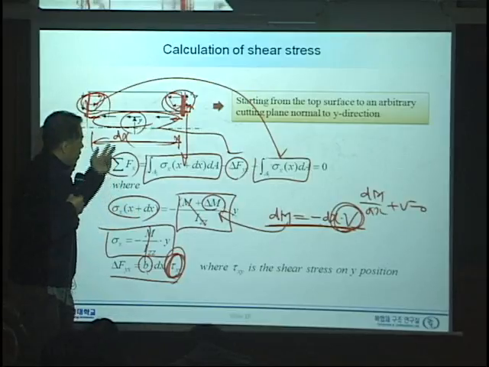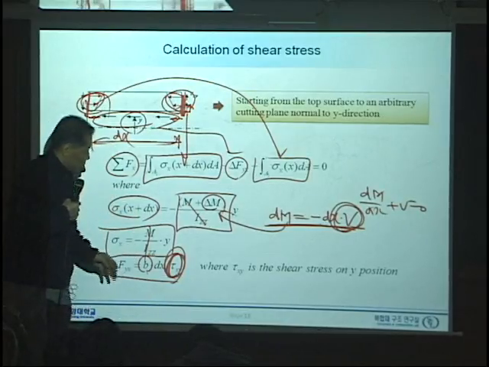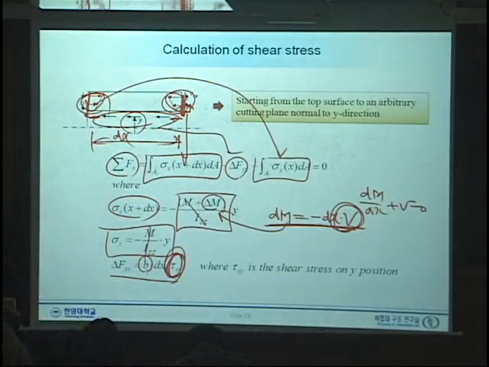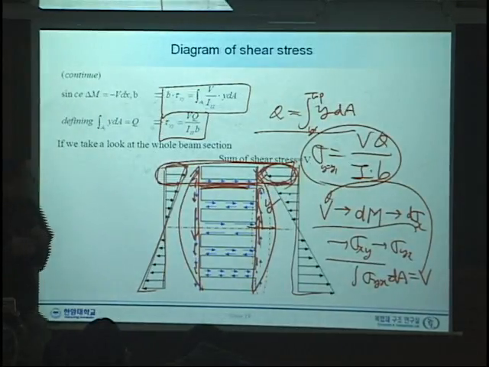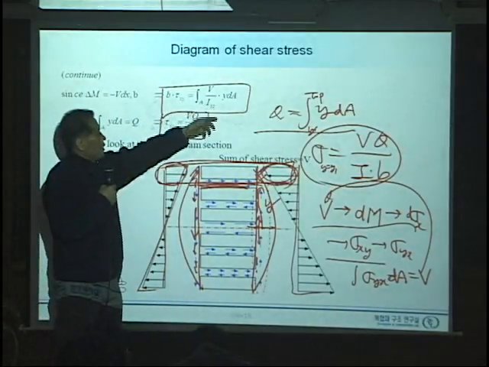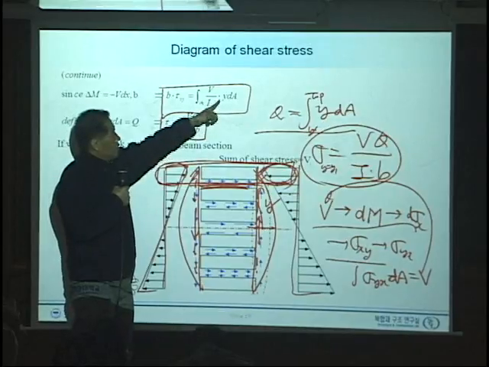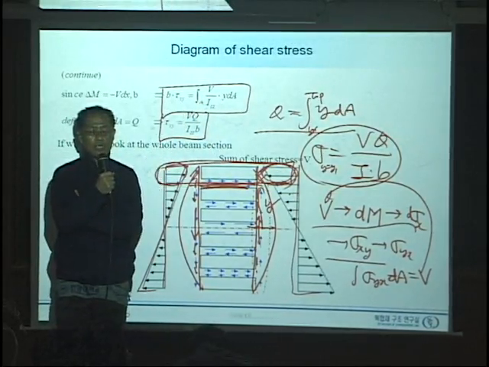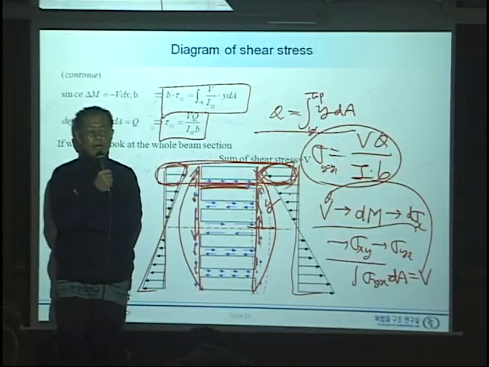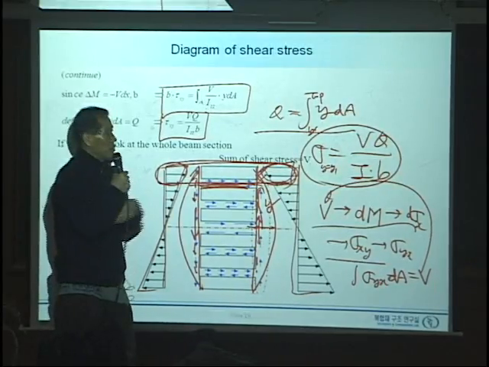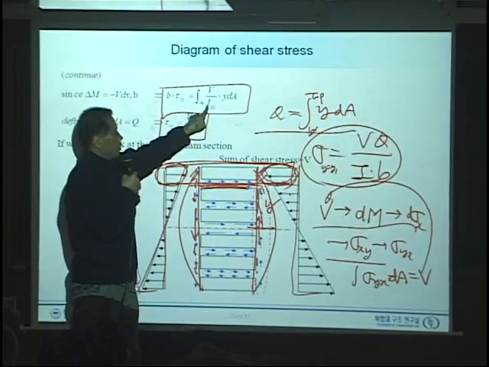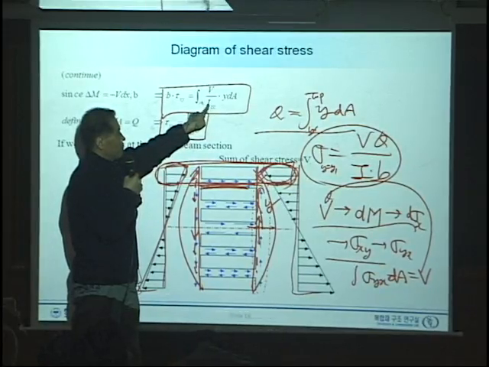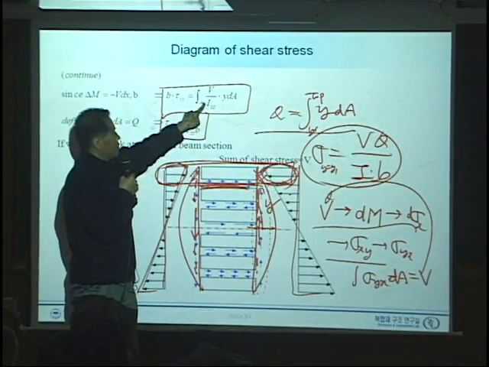The final equation for that shear stress is given simply here, like that. VQ over I, that's B times tau, the shear stress as a function of y. Where do the terms in this equation come from? This is simply sigma x.